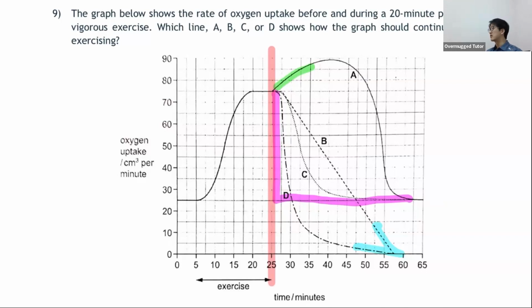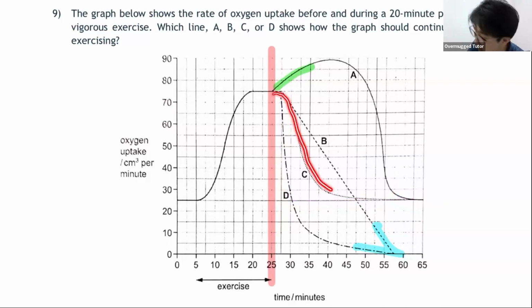You need the additional oxygen. You stop exercising, you don't need the additional oxygen for that energy release anymore. So why does it remain high for a short period of time right after? Why does the graph slowly go back to normal and not immediately go back to normal?